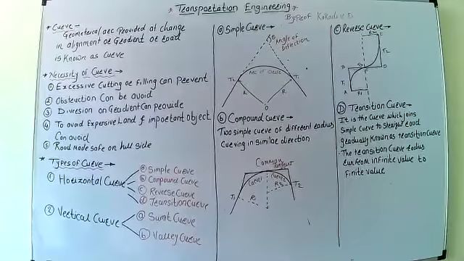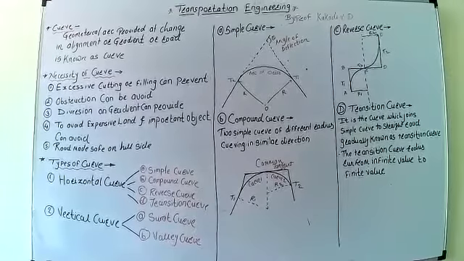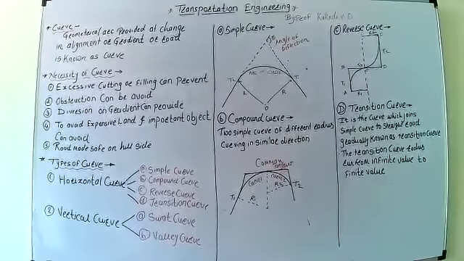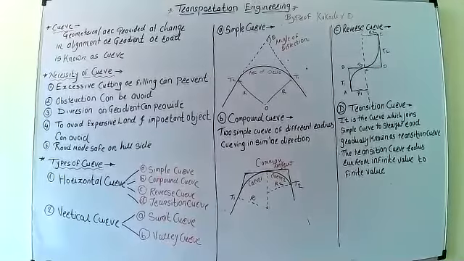In that situation, we could avoid that obstruction by simply providing a curve and deflecting the road to another alignment.